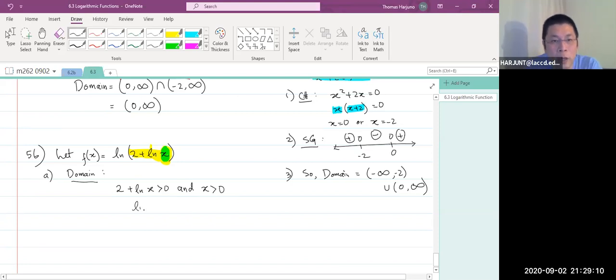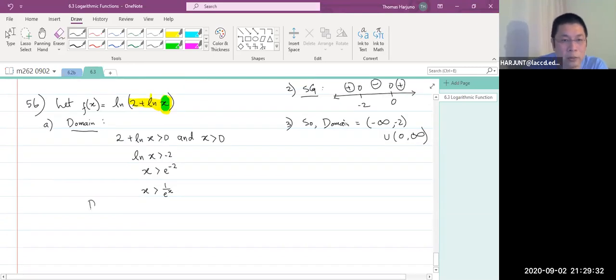Okay, so ln x is greater than negative 2. Ln is increasing, so x has to be greater than e to the negative 2, which is already positive. So x is greater than 1 over e squared. Domain is parentheses 1 over e squared, comma, infinity. This is a square.